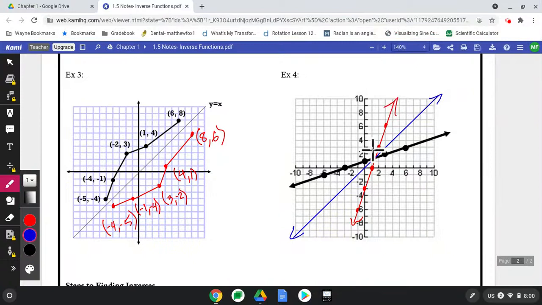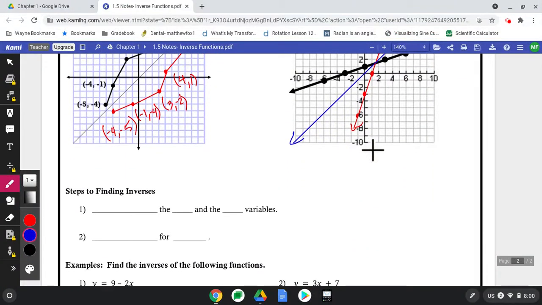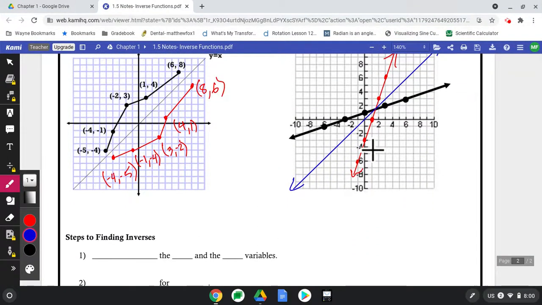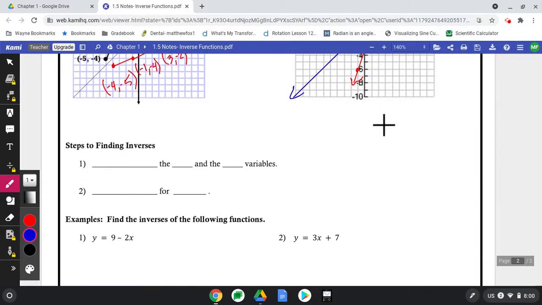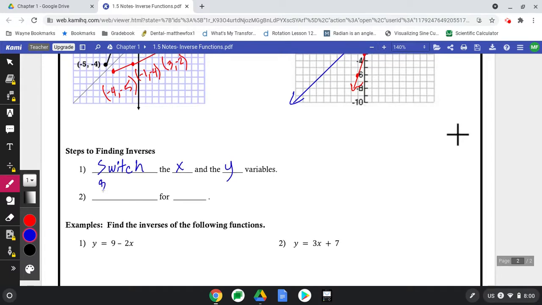All right. So now the final thing we want to talk about is if we are finding the inverse, sometimes we don't have a picture. So in that case, we are going to switch the x and the y variables, and then we are going to solve for y.